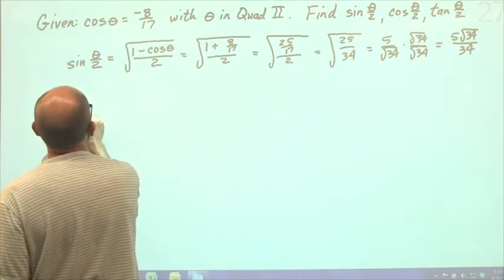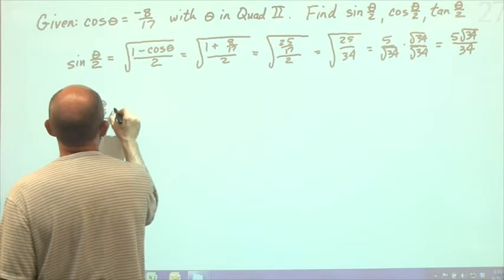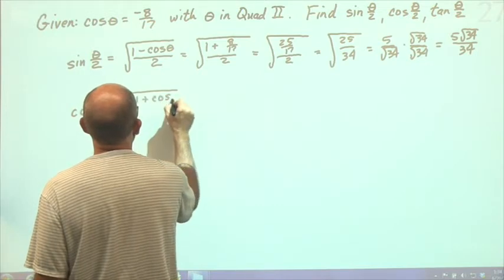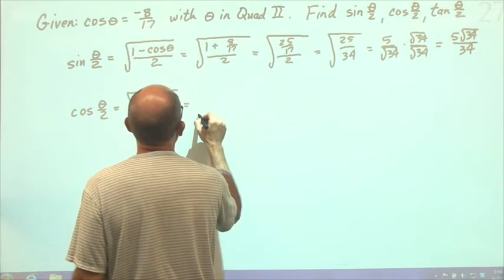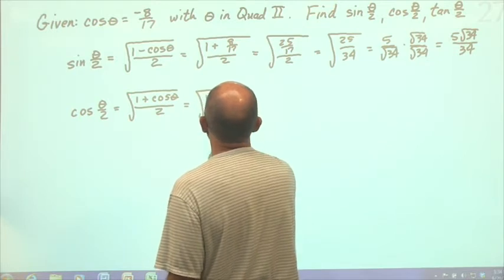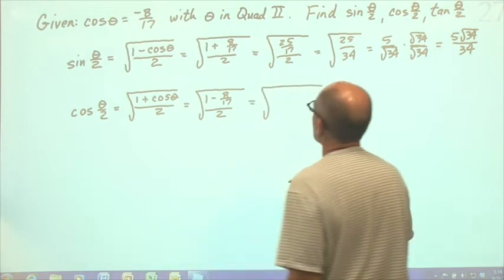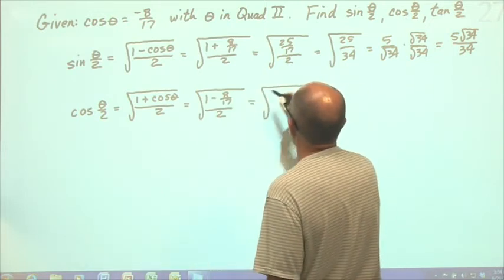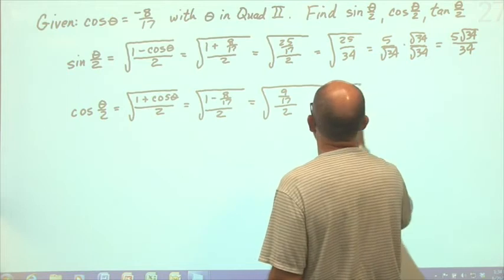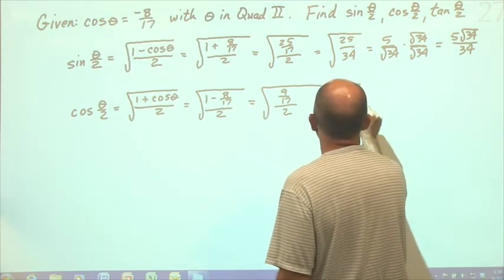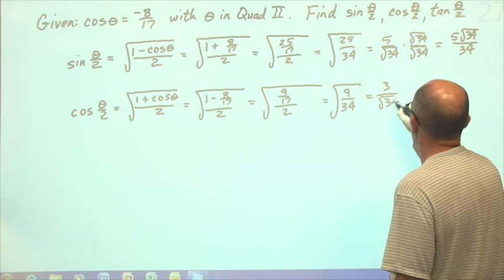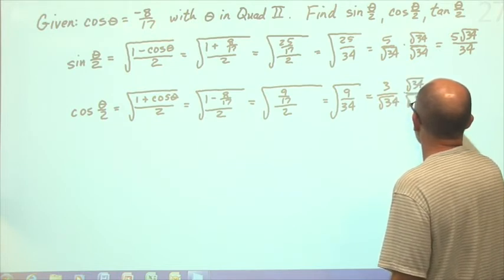And then cosine of theta over 2 is also going to be in the first quadrant, so it's the square root of 1 plus cosine theta all over 2, which equals square root of 1 minus 8/17 over 2, which is 17 minus 8 is 9, so 9/17 over 2, which is square root of 9/34, which is 3 over square root of 34 times square root of 34 over square root of 34.